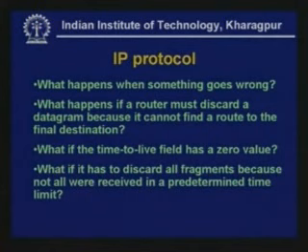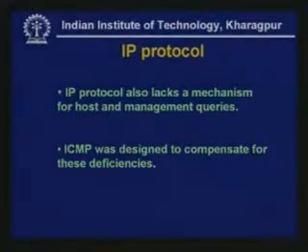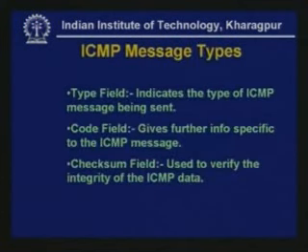So in all these cases IP has to discard a packet, and similarly there are other situations. For example, maybe it has reached the destination but the port is not available. Things like that. So the IP protocol also lacks a mechanism for host and management queries. So ICMP was designed to compensate for these deficiencies.